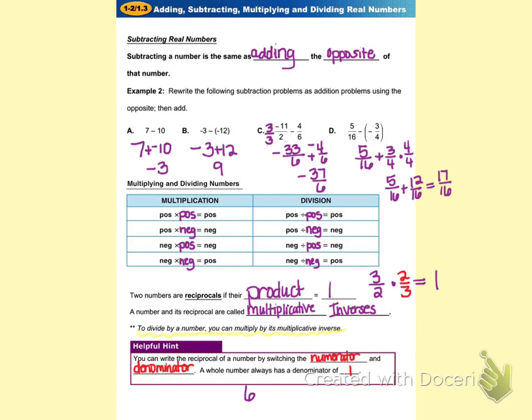You could simply put 6 over 1, and then flip it, switching the numerator and denominator, and you know then that its reciprocal would be 1 over 6. And of course then you could show that the product would be 1. Let's go ahead and turn the page and practice a few division problems using the multiplicative inverse.